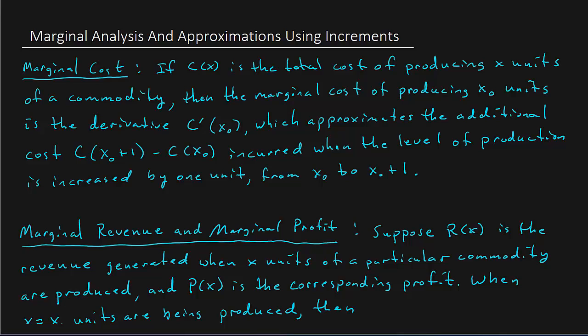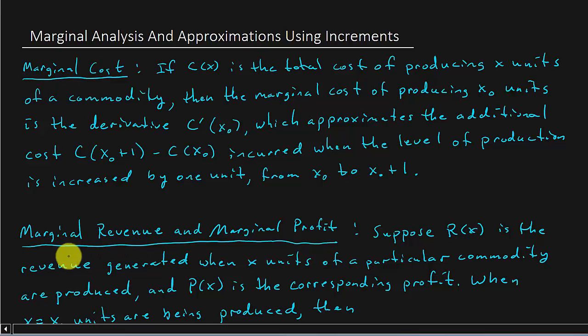So we've got marginal cost, marginal revenue, and marginal profit. Marginal cost: if C of X is the total cost of producing X units of a commodity, then the marginal cost of producing X naught units is the derivative C prime of X naught, which approximates the additional cost C of X naught plus 1 minus C of X naught incurred when the level of production is increased by 1 unit from X naught to X naught plus 1.